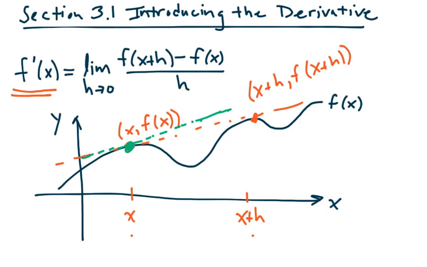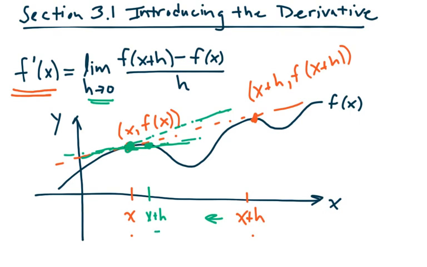So how do we get a better approximation of the slope at that point? Well, we can start by collapsing x plus h in towards x, or in other words, letting h go to 0. So if I collapse x plus h in and make h really small, so here's my new x plus h, and now I draw an average rate of change through those 2 points, I have a slightly, arguably closer approximation.